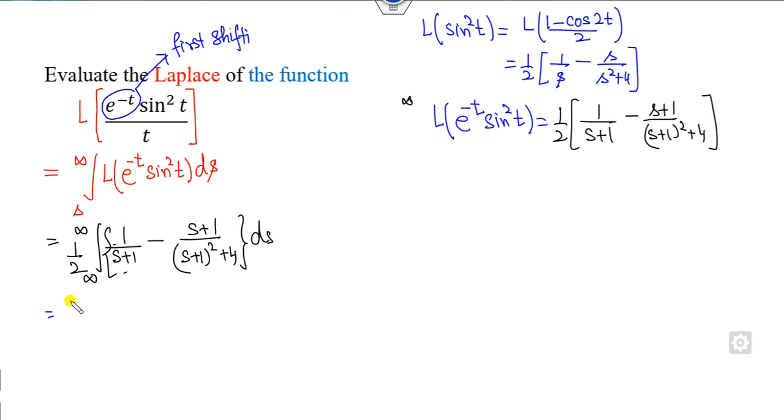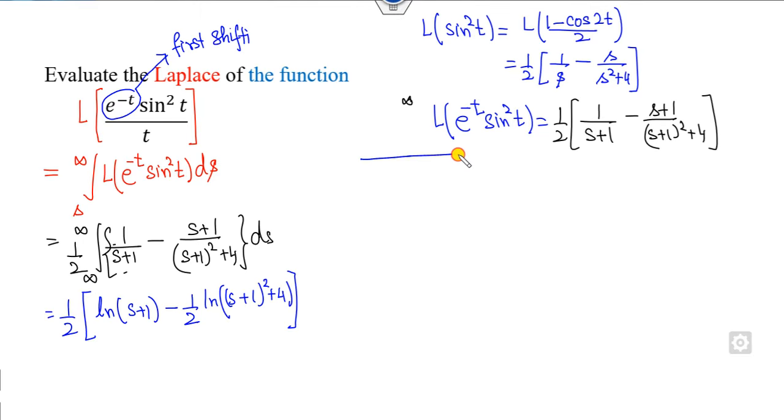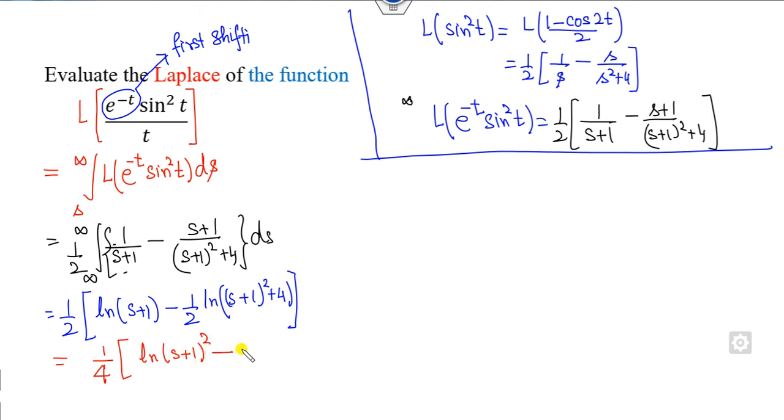Now what is the integration of this first component? Half, it is ln of s plus 1. Again half, I can multiply half and divide it by 2, so it will be s plus 1 whole square plus 4. So again I can multiply by 2, so I can take the LCM 4. It is ln of s plus 1 square minus ln of s plus 1 square plus 4 from s to infinity.